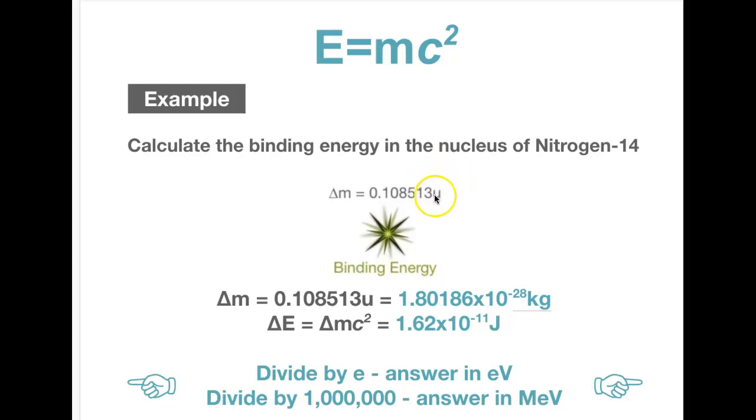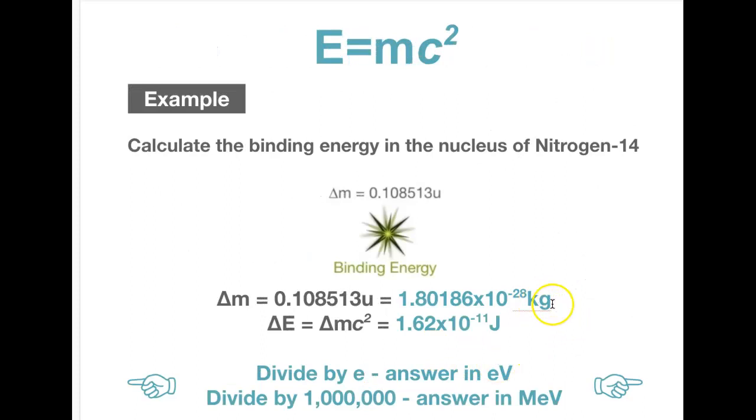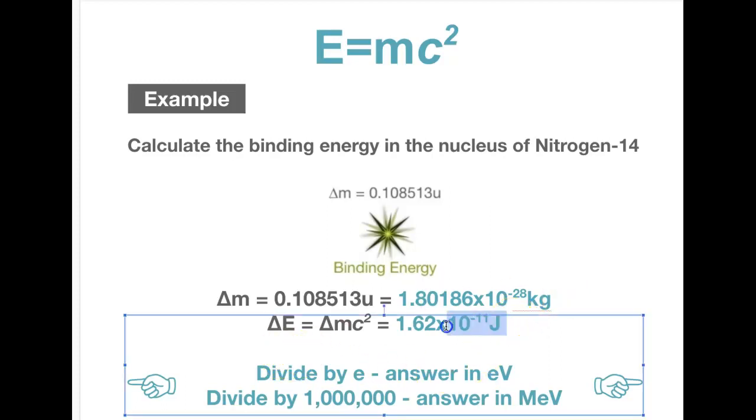So the first step is to multiply that by 1.66 times 10 to the minus 27. Once we have that in kilograms, we can use the mass times the speed of light squared to give us the energy. And that will give us our answer in joules.